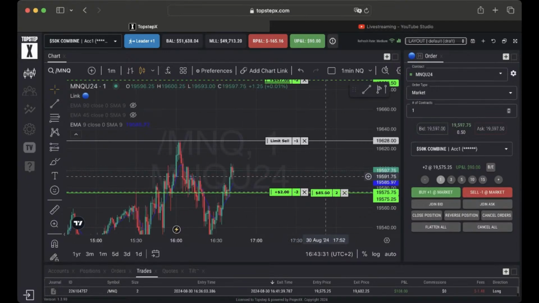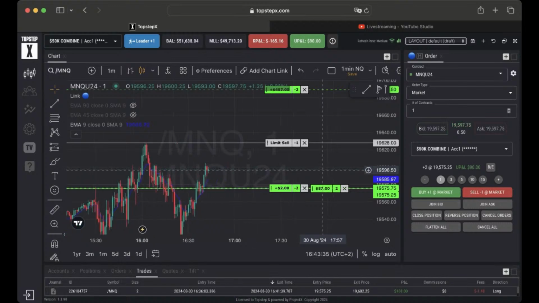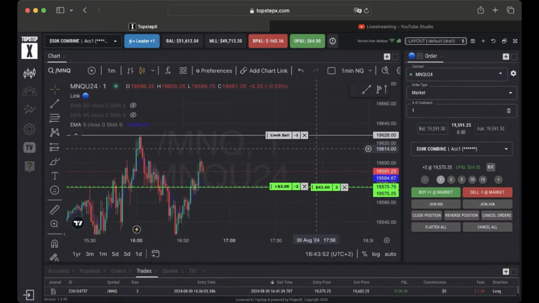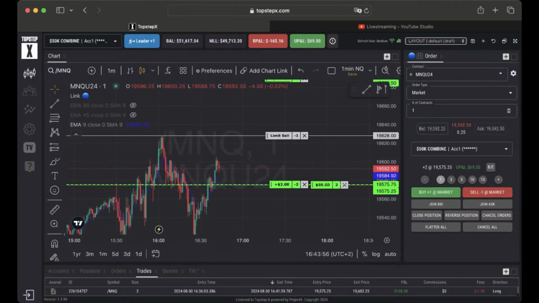So I'm just trying to do what feels good and what is also in terms of the rules. So it's definitely smart to take one off at the internal high, and that's also the daily high if we hit it. So yeah, this is the plan.